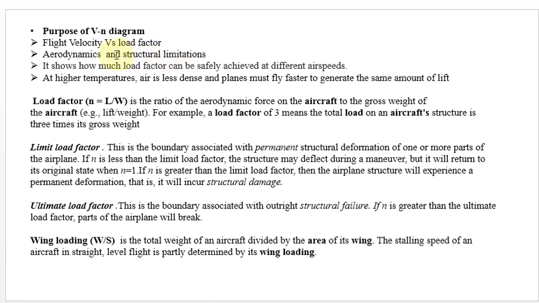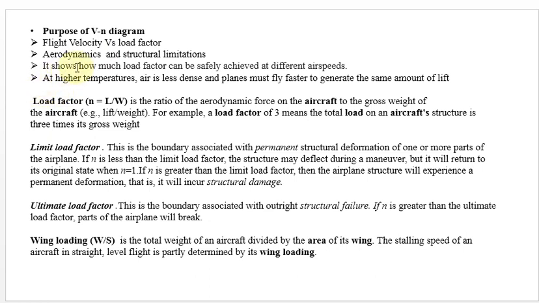An aircraft may have a structural limitation depending upon the speed. Similarly, it has an aerodynamic limitation, which is nothing but your lift value: at what velocity can I obtain CL max? That is why it is called an aerodynamic limitation. These parameters we can find from this VN diagram.